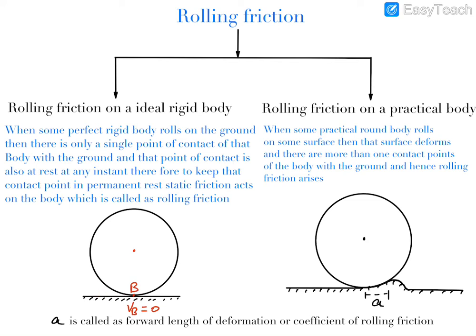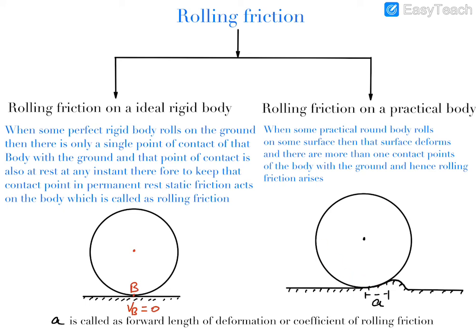So when an ideal rigid round body rolls on a flat surface, the point of contact is single. But this is not the case in the practical scenario, because practically no body is ideally rigid. So when a practical round body rolls on a surface which is also not perfectly rigid, there is more than one contact point of that body with that surface.